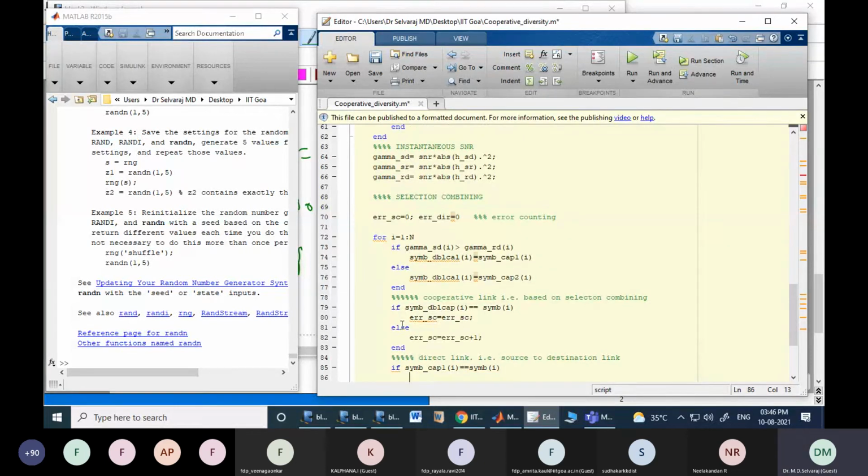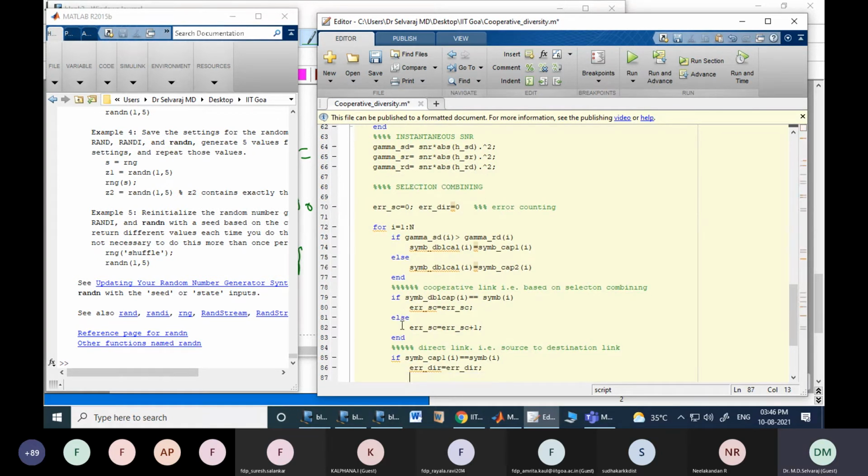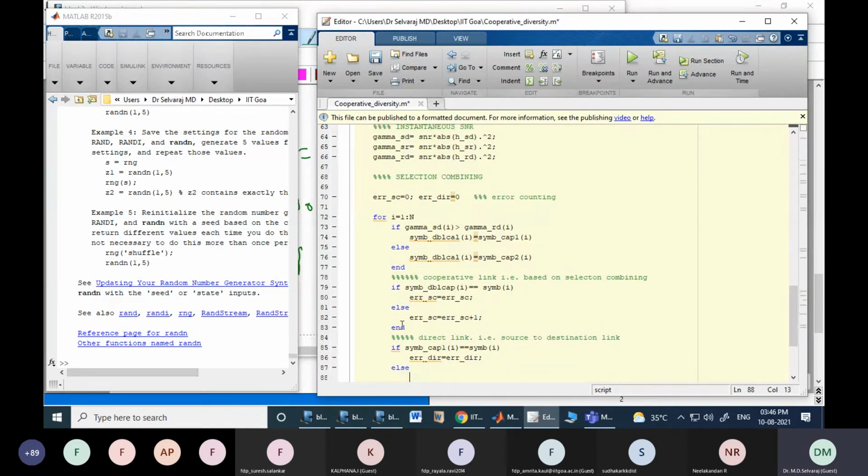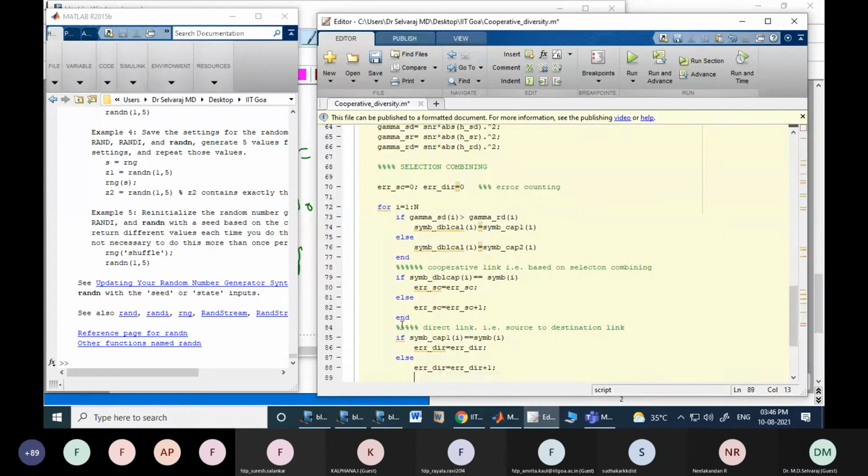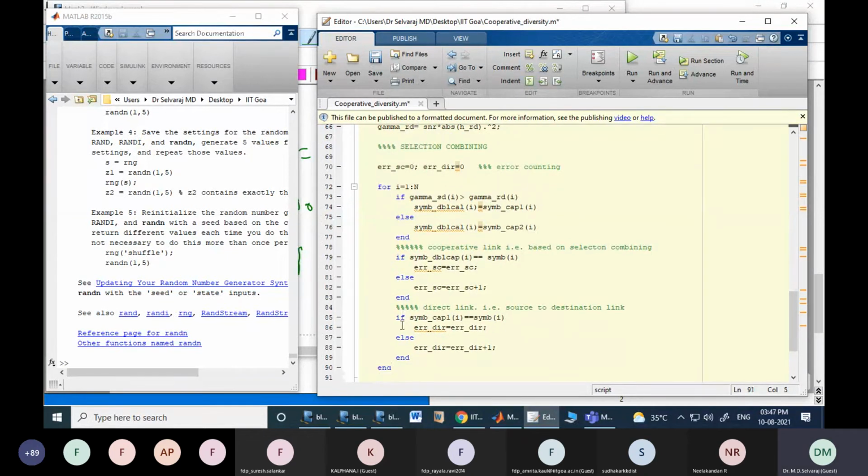If it is equal, then there is no error; I already defined error direct as error underscore dir. Else, if it is not matching, then there is an error, and I increment that by 1. Okay, then it is end. Now I have counted the error.